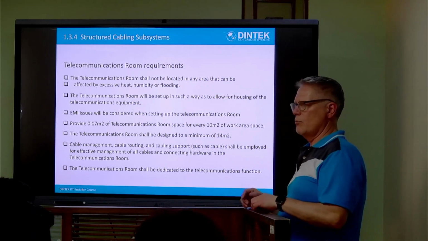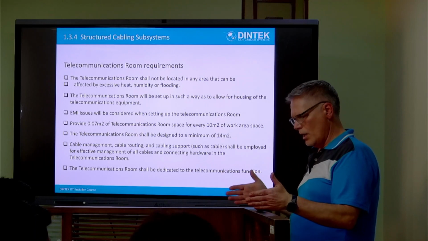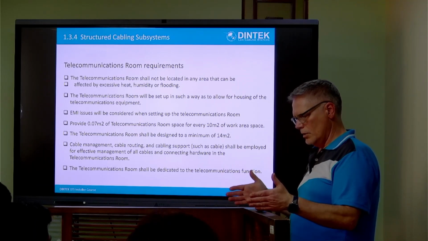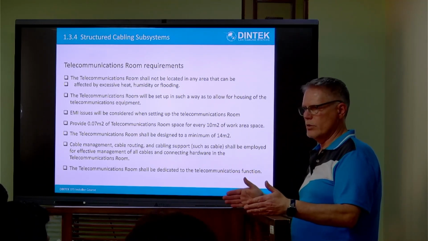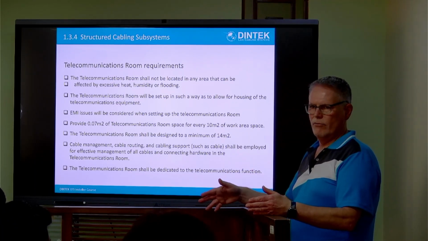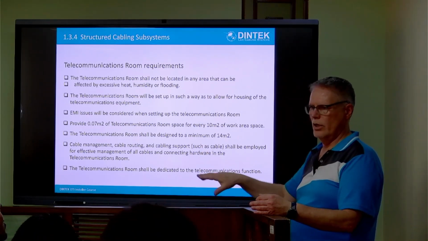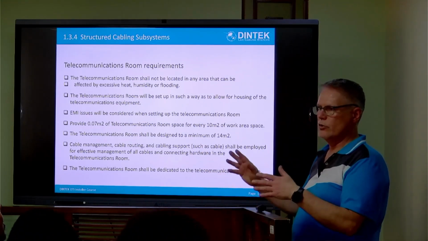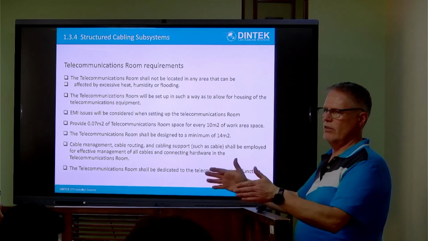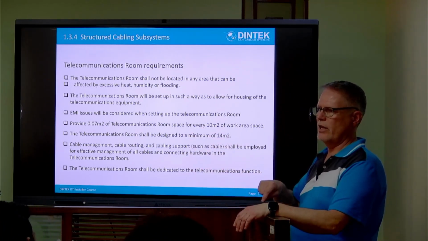So the easiest way to do that is to take floor space and work out the area of that floor space and take out 25% for coffee room, toilets, hallways, unusable space basically. So 75% of that total space becomes your usable floor space.